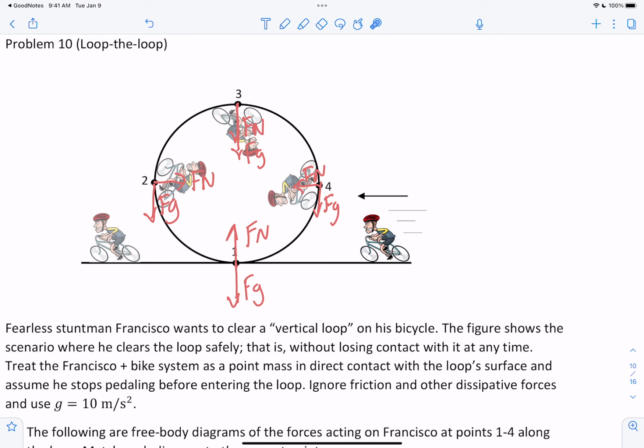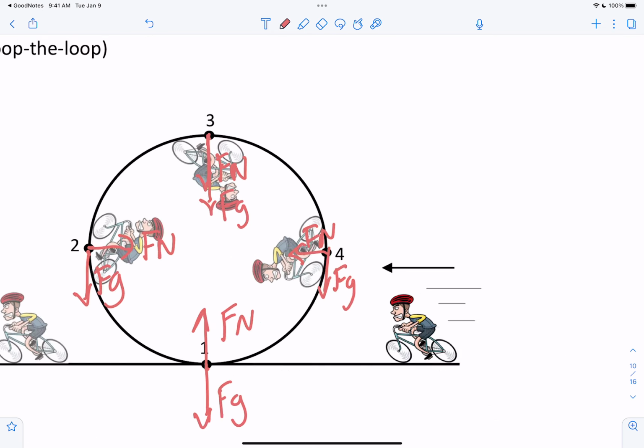For example, point 3 might be this way, centripetal force that way, so that's perpendicular there, right? Now, here it might be pointing this way, but velocity is not quite perpendicular with it, for example.